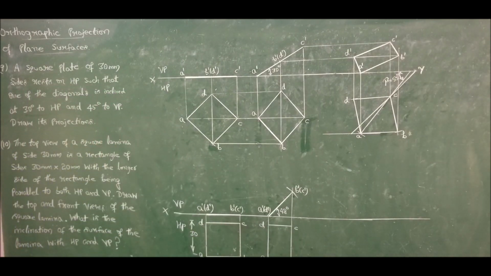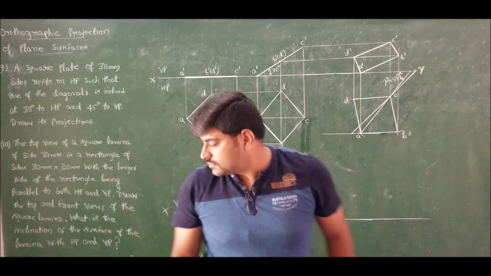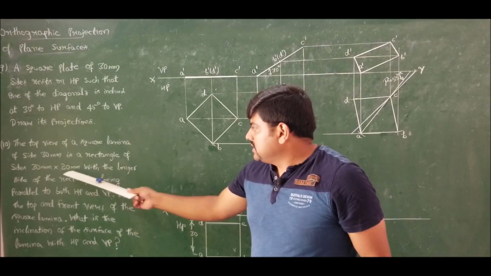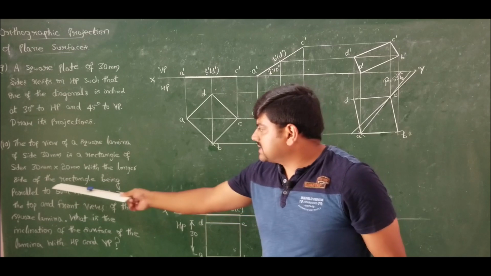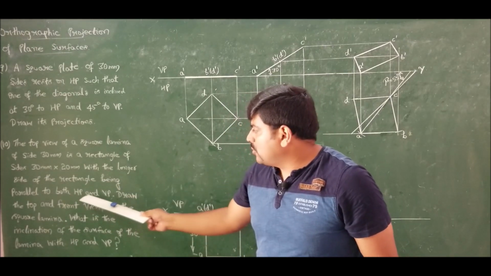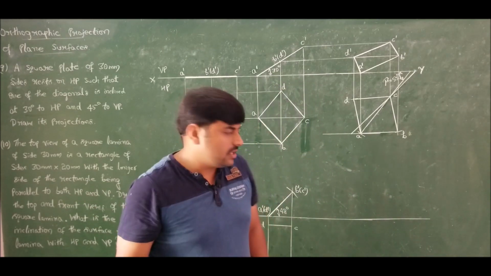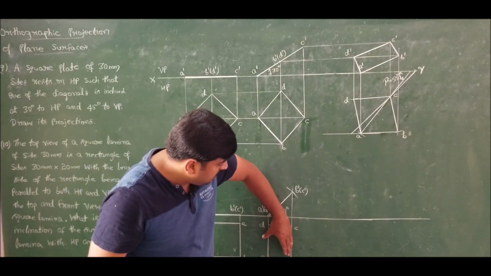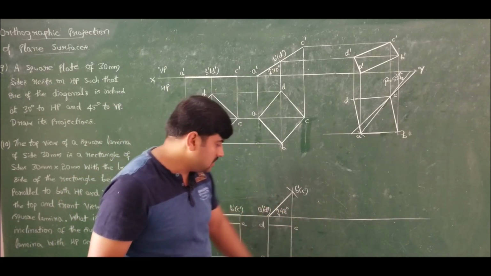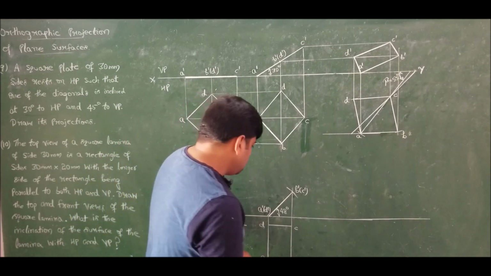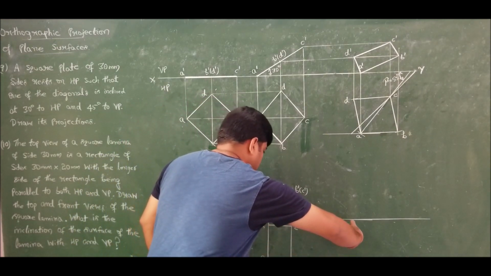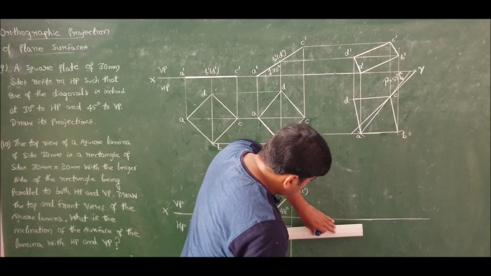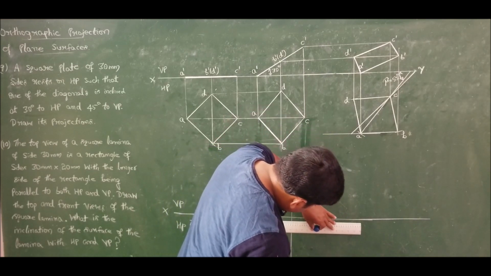Now what he asks is, it should look like a rectangle of 30 cross 20 with the longer side of the rectangle being parallel to both HP and VP. I should make the longer side parallel to both HP and VP, which means that this is the longer side, make it parallel. That is, I should take it and rotate. Dimension is known, 30 cross 20, just draw directly 30 cross 20.